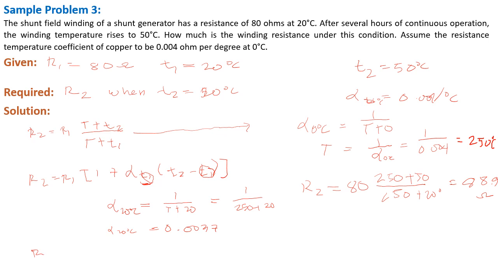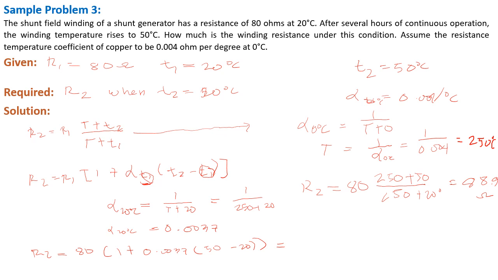Okay, you can use this one now. So your R2 now is equal to your R1, which is 80, times 1 plus 0.0037 times the quantity T2, which is 50, minus T1, which is 20. Okay, and you will use your calculator.